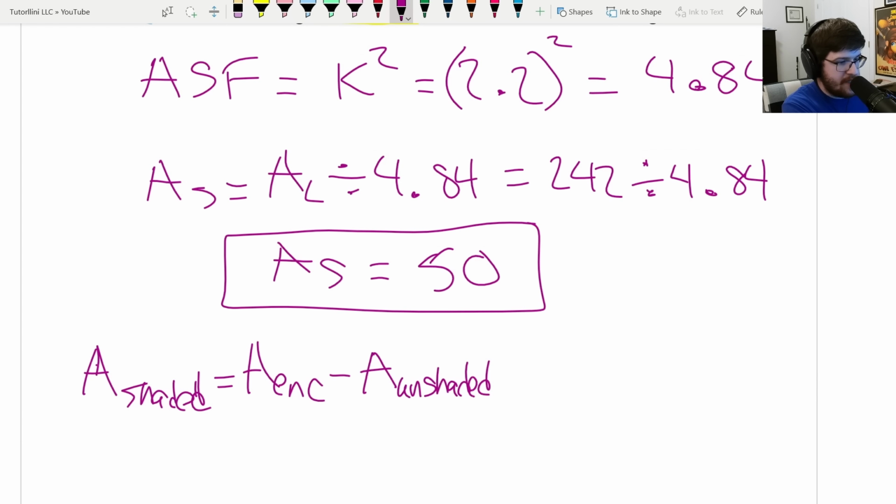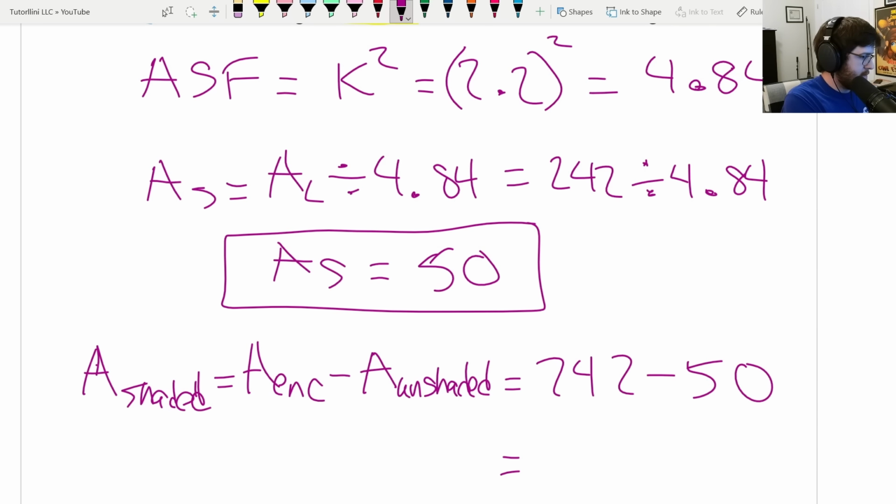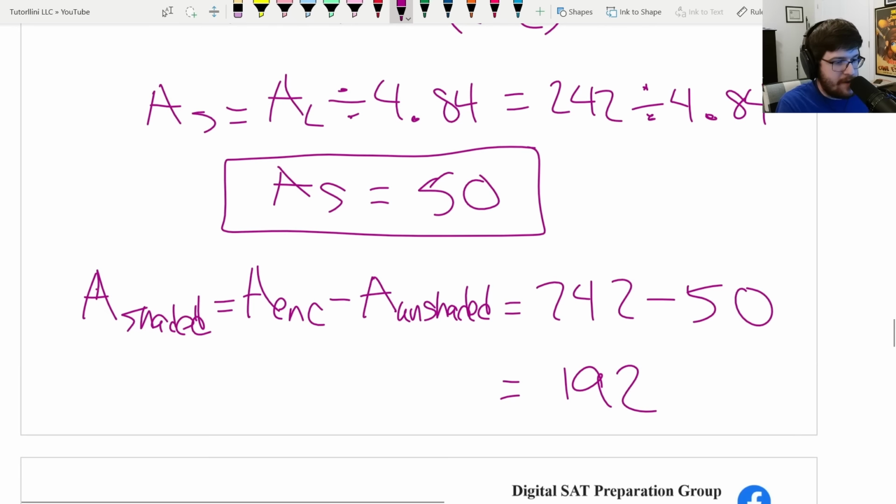So in this case, that is 252? No, 242. Minus 50. And that gives us 192. Which is the correct answer.